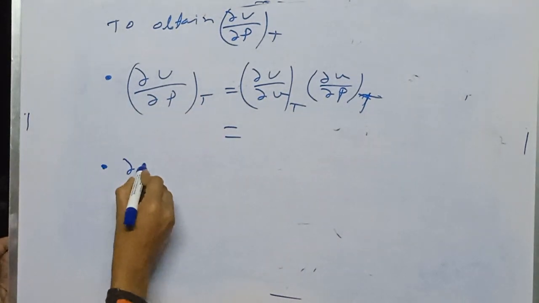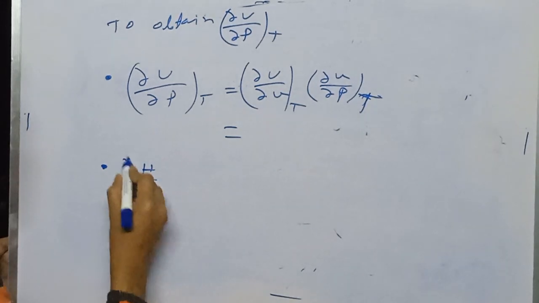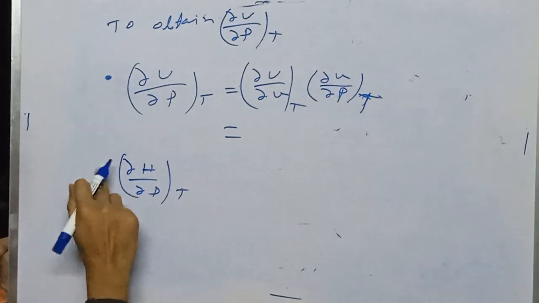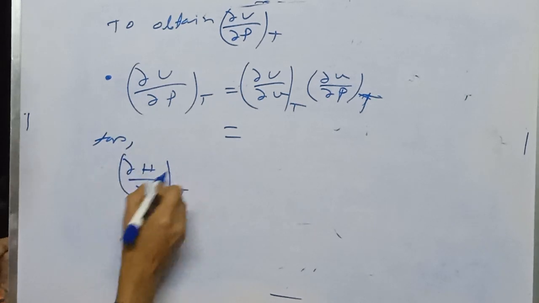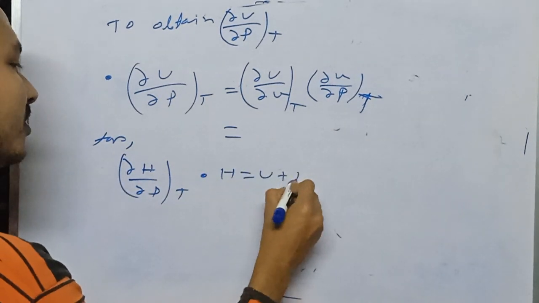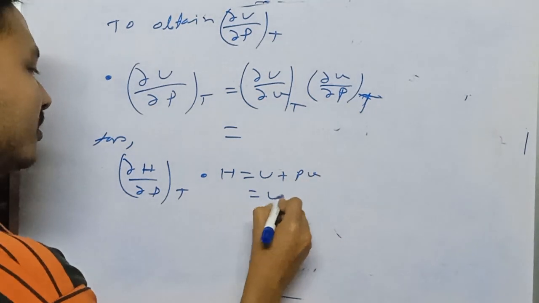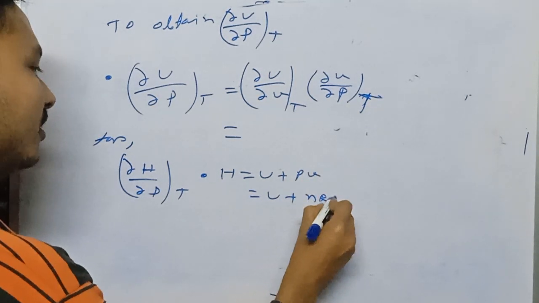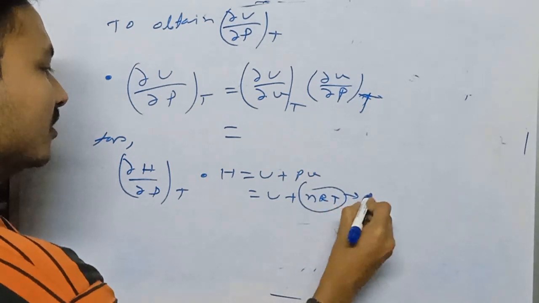And to obtain ∂H/∂P at constant T, first use H is equal to U plus PV. Then nRT, so this is constant.